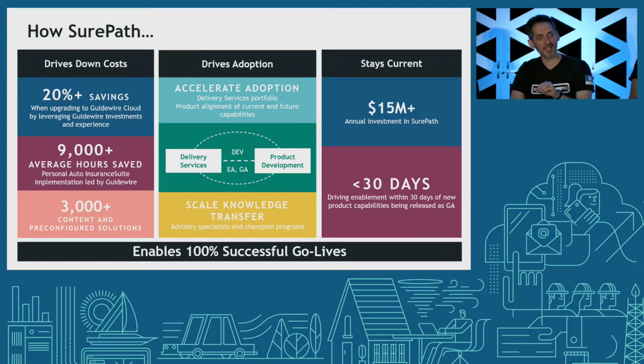And not only do they get the benefits from the pre-built content in terms of a faster implementation, lower risk, a predictable delivery, but they can use that implementation as an example of what to do in their specific implementation on how to use a cloud standard or a new pattern, a new capability.